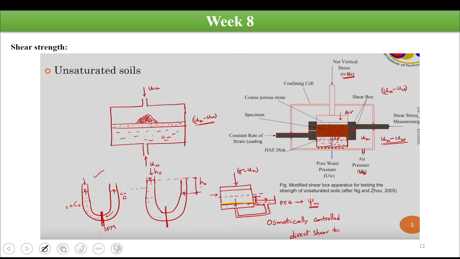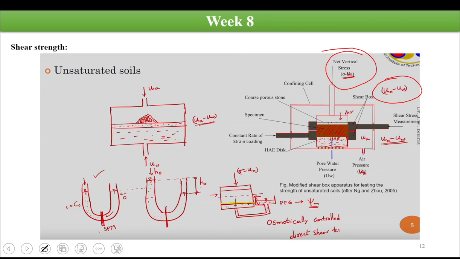So in this controlled chamber, we can have control over UA and UW, and we can change the vertical stress sigma. Based on this, we can determine the values of the horizontal stress and horizontal strains.